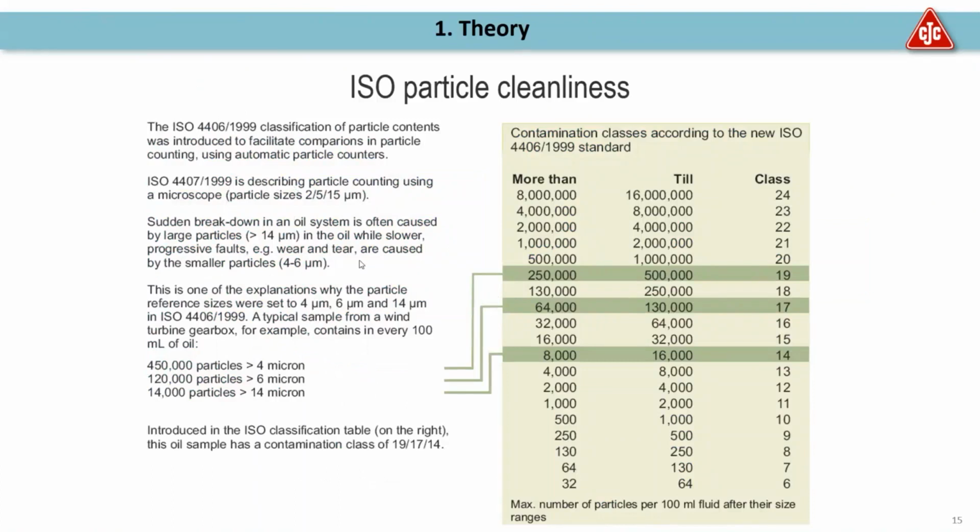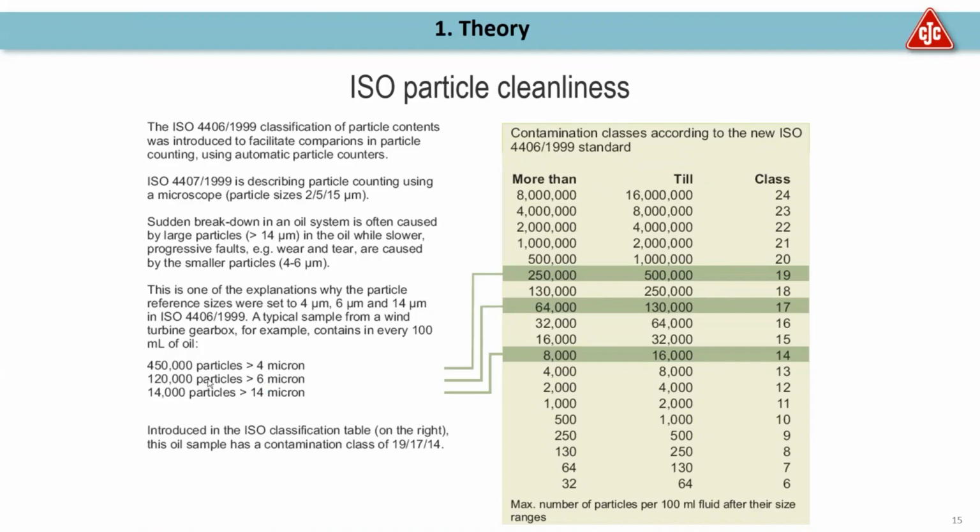I want to quickly touch on the ISO particle codes, the ISO particle cleanliness. I don't want to get into it too much here, only to let you know that when you are looking for particle counts in oil analysis, they usually report in the ISO 4406. That means they are counting particles larger than 4 micron, 6 micron, and 14 micron.